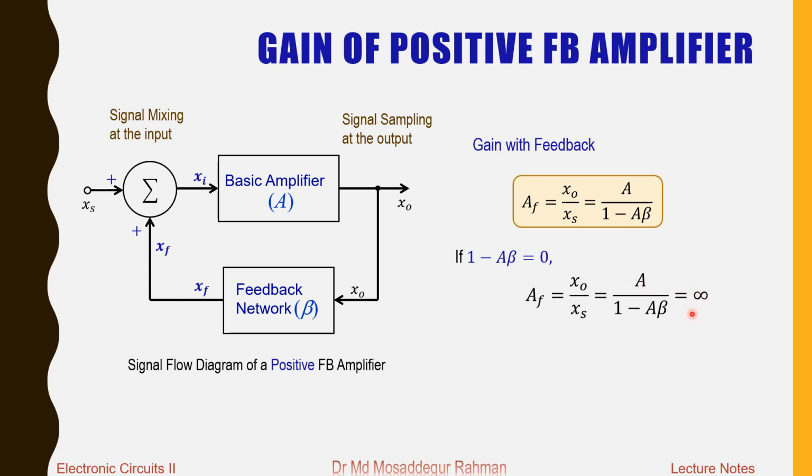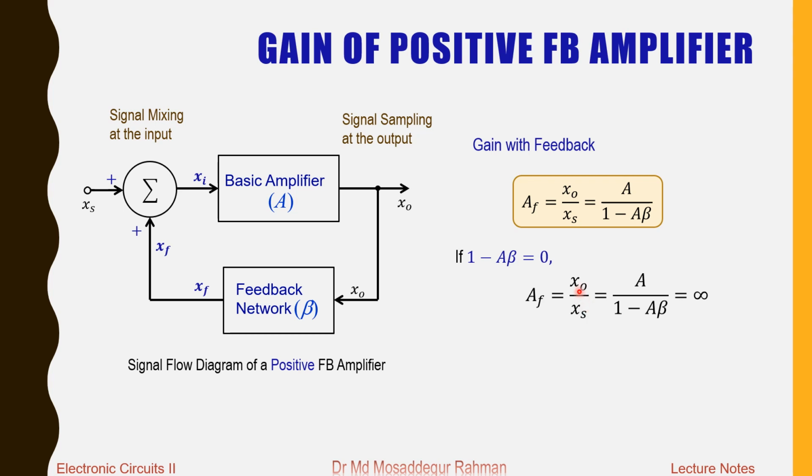So what is the physical significance, or what is the explanation of this result? This means that even if your input signal Xs is 0, even then it's possible to get an output, because that's what it means: if the gain is infinity, this has to be 0, only then it becomes infinite.